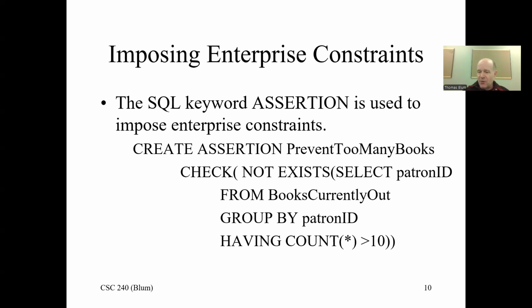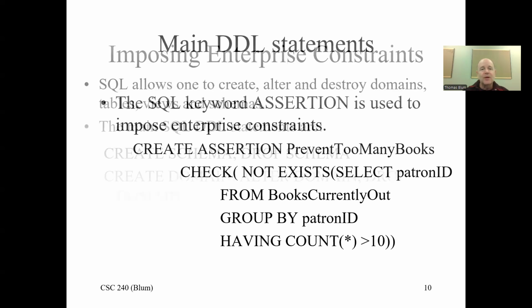And we are counting the number for each patron, and we're asking that that count not be greater than 10. So there should be no IDs of patrons when we do the counting with the group by that is bigger than 10. So that's an assertion, that's a business rule.